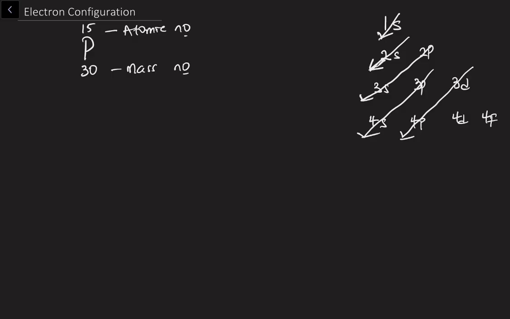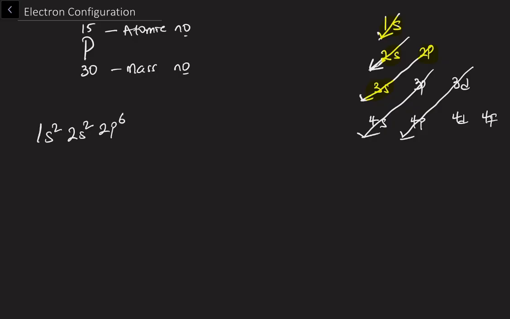So we start again. We start 1s2, 2s2, 2p6, 3s2, right? You get the flow. That's the flow for this. So 1s2, 2s2, 2p6, right?